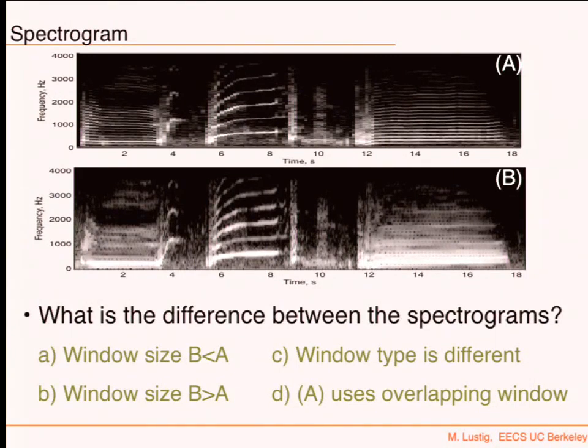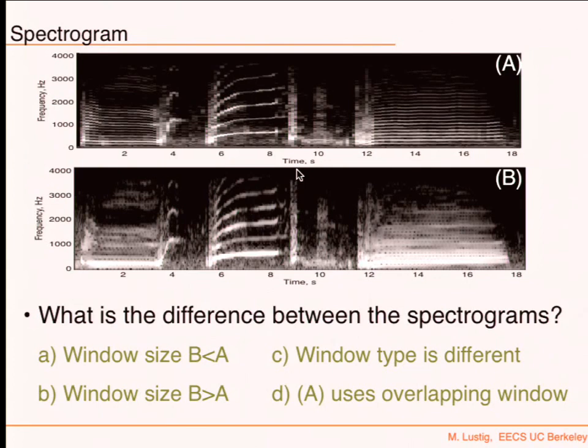What's the difference between these two spectrograms? It's an obvious difference, right? The window size of B. What would bigger mean? Better resolution in frequency. And smaller means better resolution in time, right? So here we have better resolution in frequency, so this one is bigger.